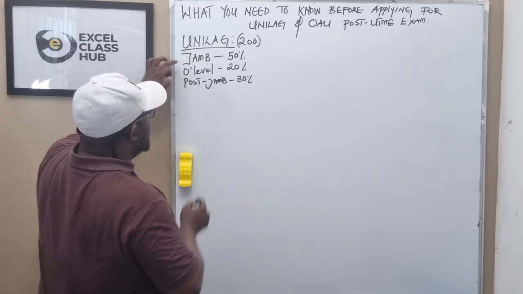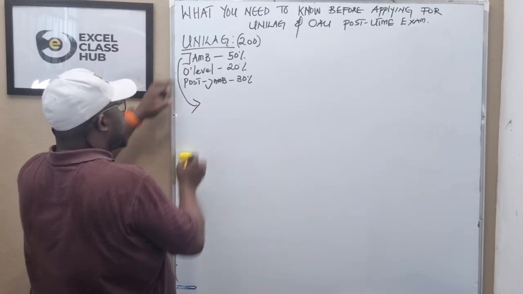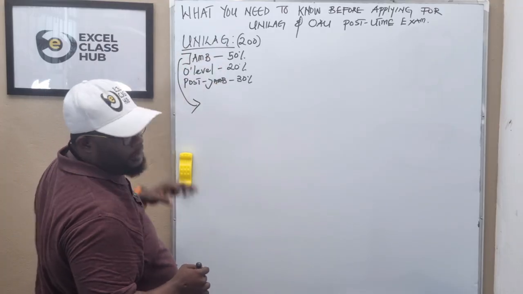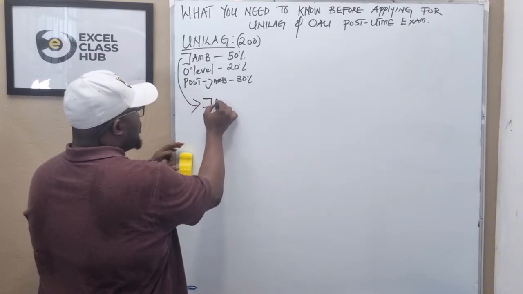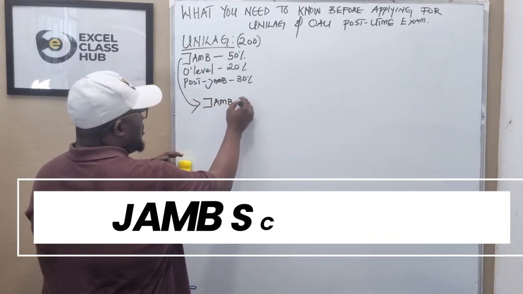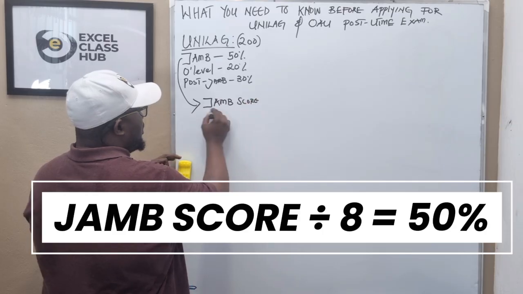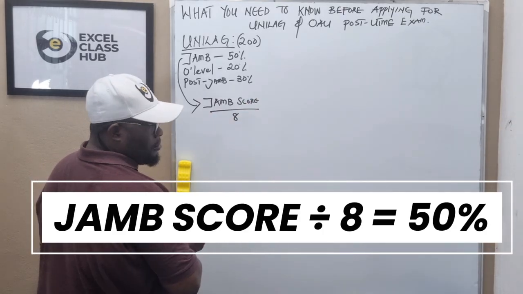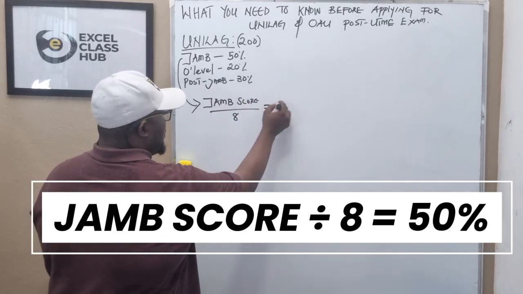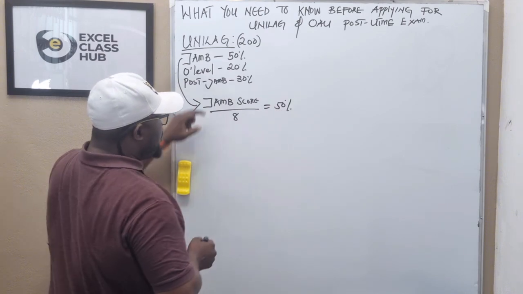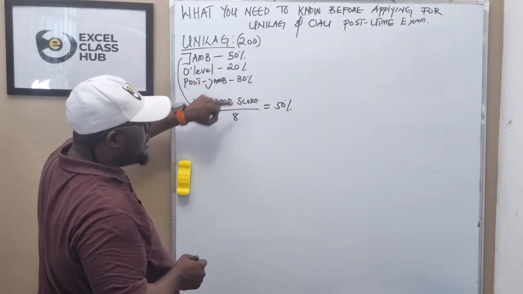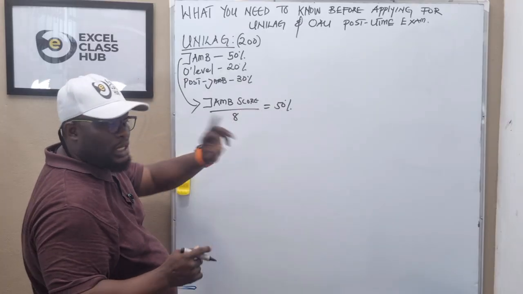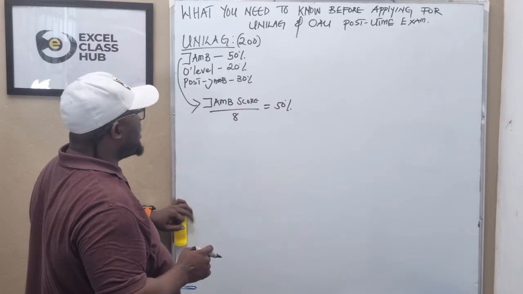Now, how will Unilag calculate your total score to give them 50%? To get your 50% is going to be your JAMB score divided by 8. So if you have 400 over 400, if you divide 400 by 8, you get 50. So that will give you the 50%.